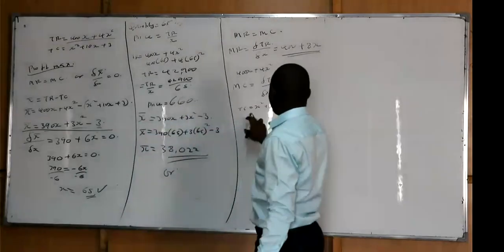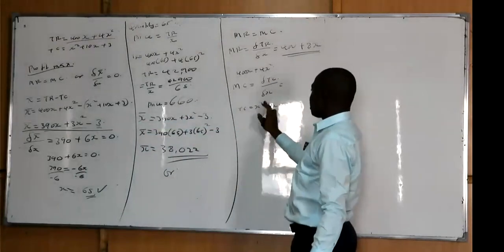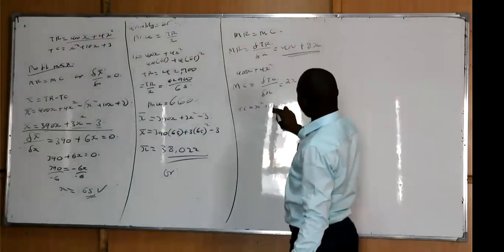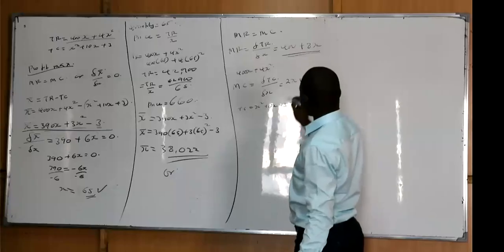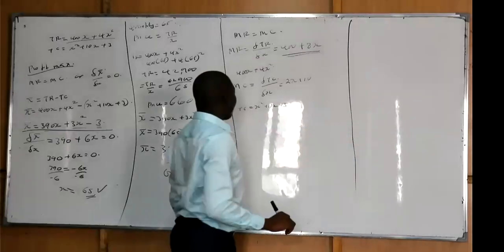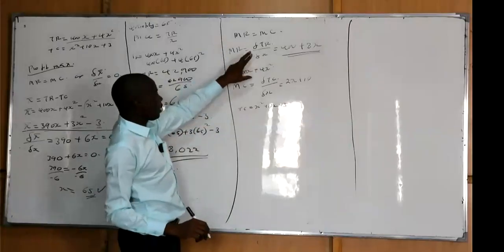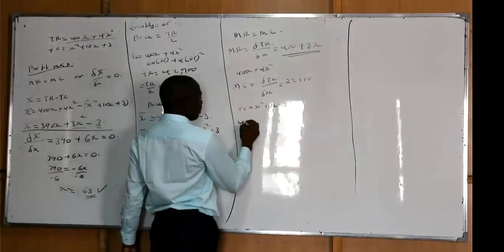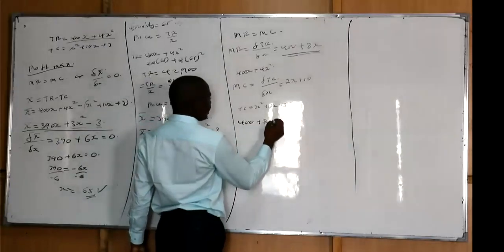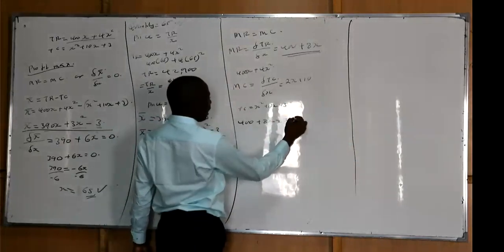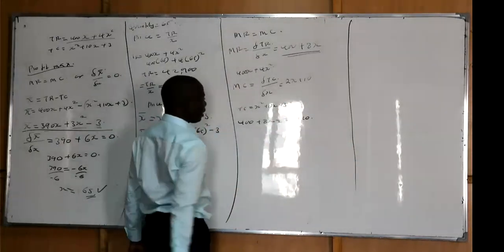Differentiating, x squared turns to 2x, then plus 10. So we shall equate the marginal revenue function and the marginal cost function. Marginal revenue was 400 plus 8x, equal to 2x plus 10.